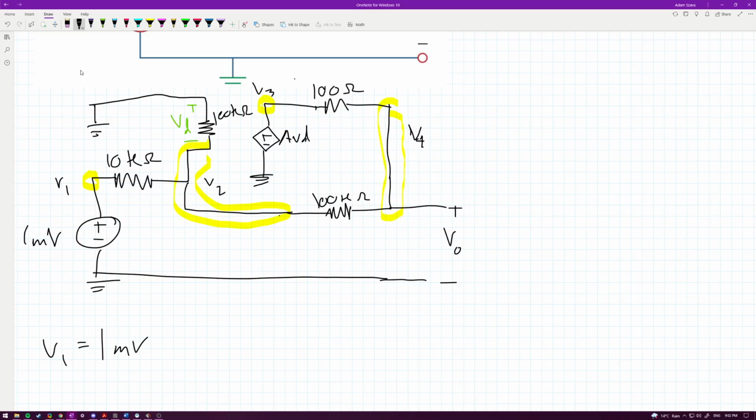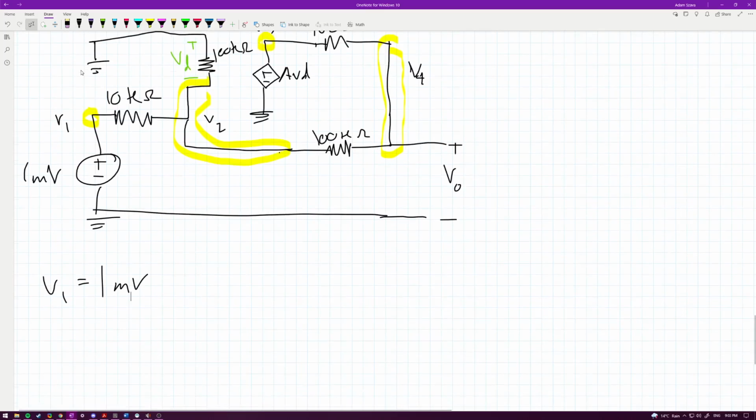Now, next equation is the V2 equation. So assume everything's leaving.